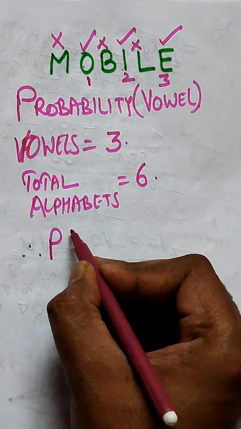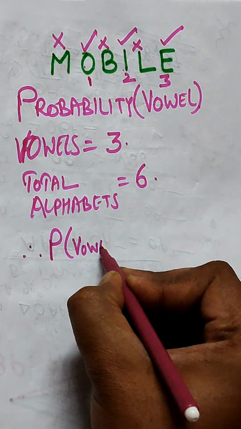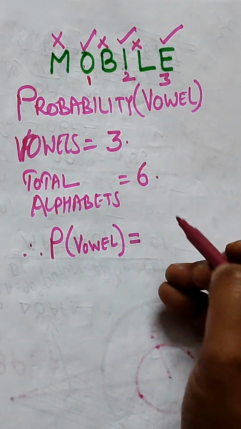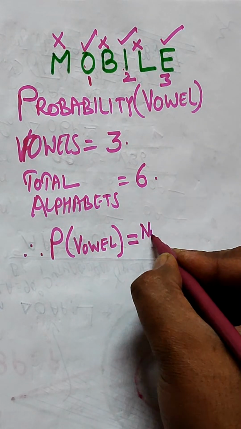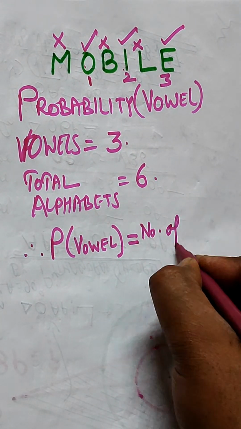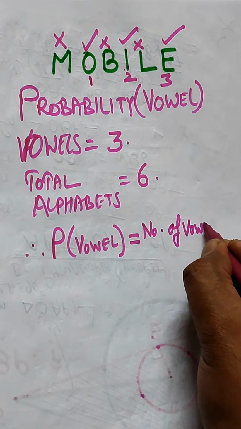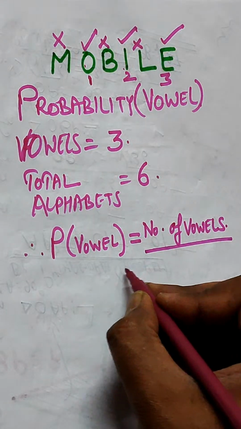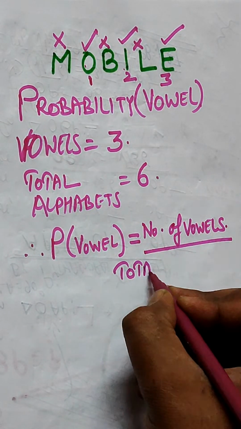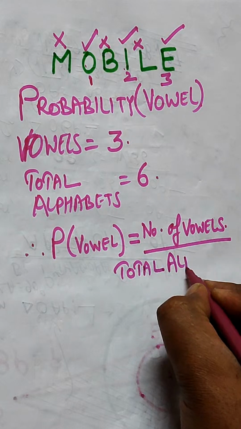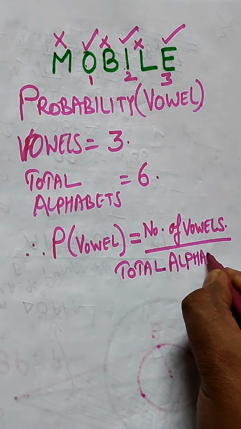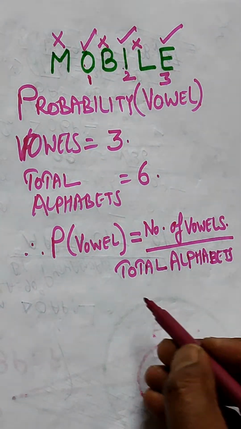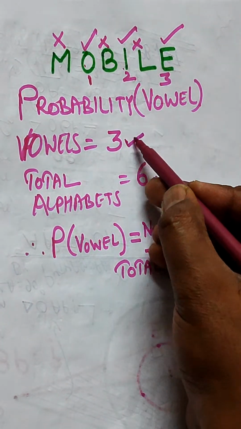Therefore, probability of getting a vowel will be equal to the favorable count, that will be number of vowels divided by total alphabets. So this will be considered for the word MOBILE only, and number of vowels will be 3.